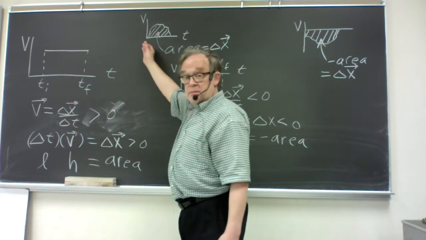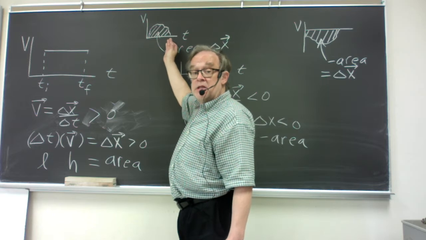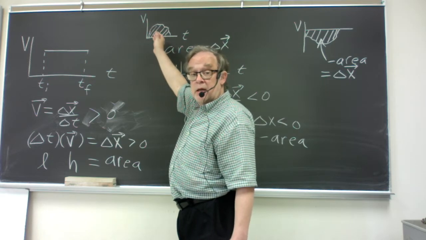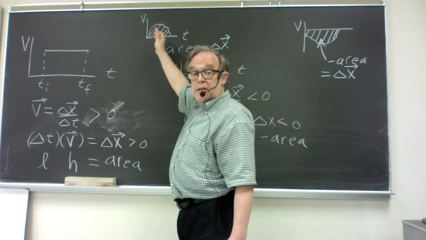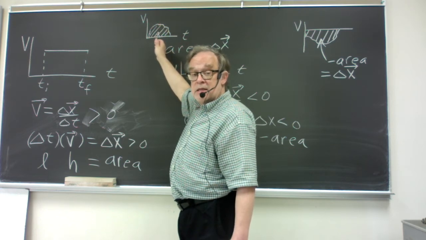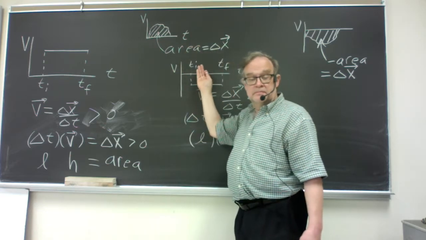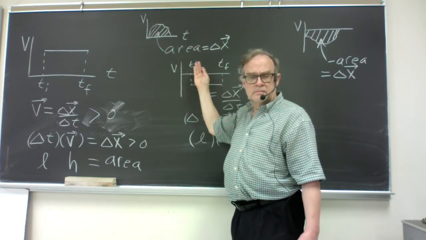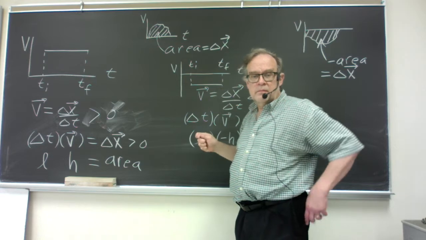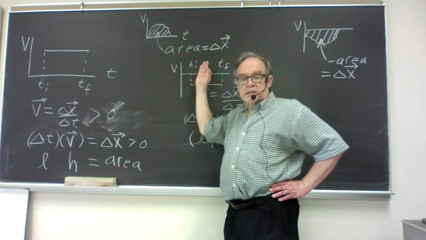In this case, very non-constant velocity, but it is still the case that the area under the velocity line, the area between the velocity line and the time axis, equals the displacement. That's the simple rule if we have positive velocities.